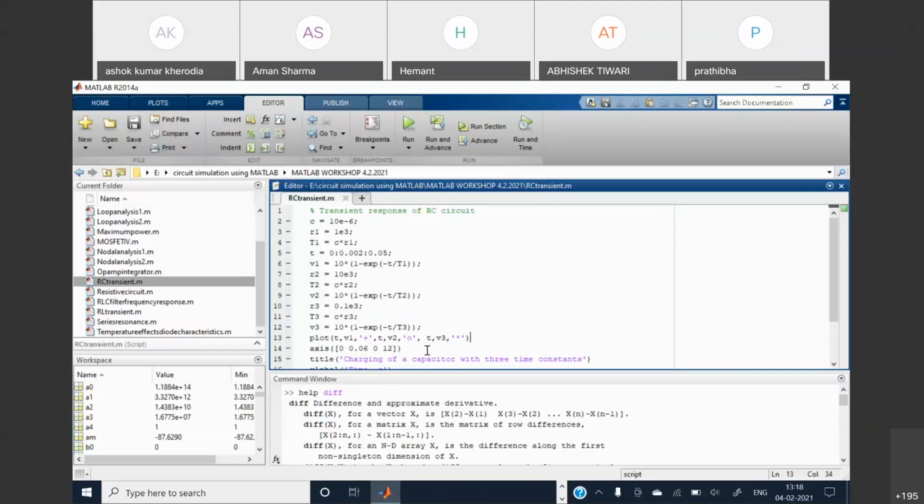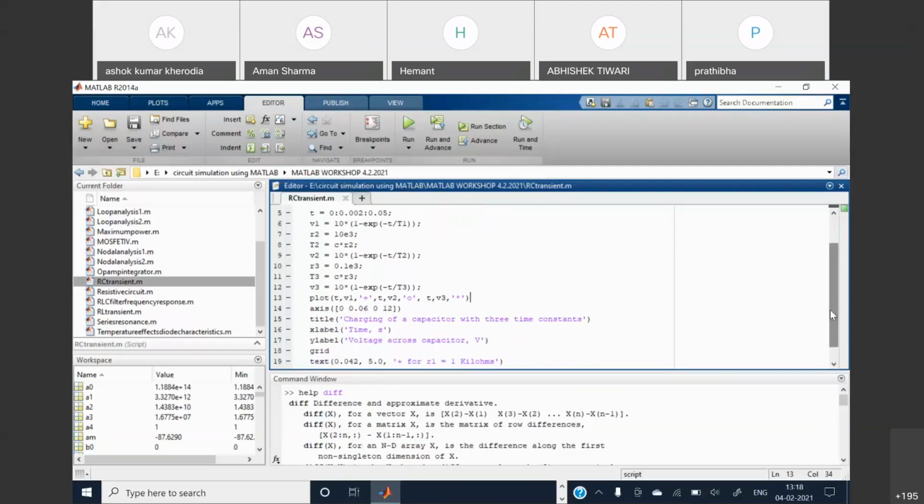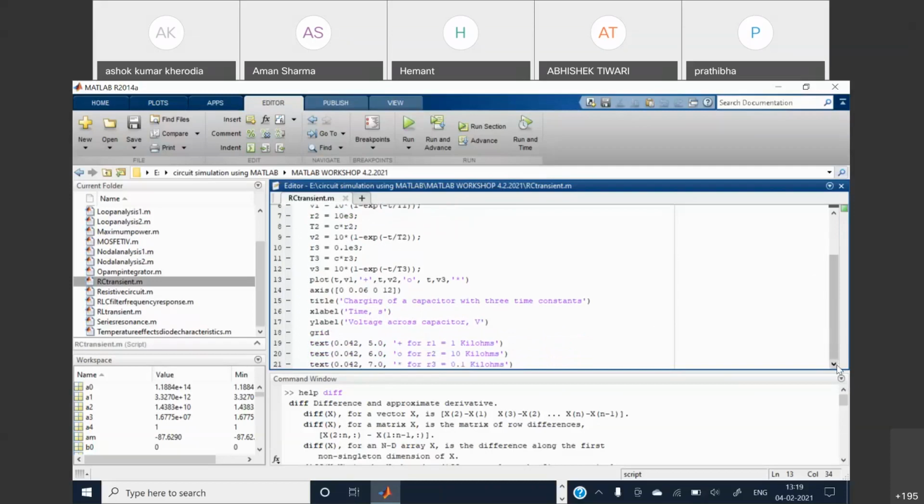I'm marking the axis by using the command axis, for some different values, and these all are what characterize the curve effectively. To show the curve effectively we are writing title, x label, y label, and so on. And if you want to show which graph is for which values, we can write this text statement.